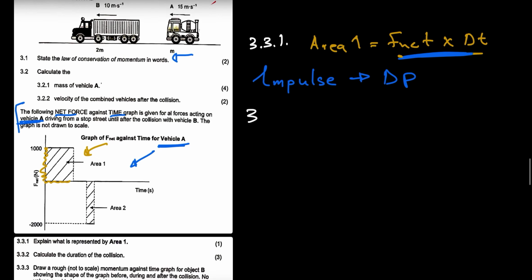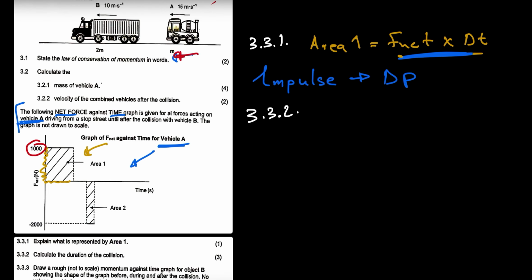Now the next question, which is 3.3.2, says calculate the duration of the collision. So now we need to calculate the time the collision happened. How can we calculate the time the collision happened? If we look at the diagram here, we have the force before this object is in contact.